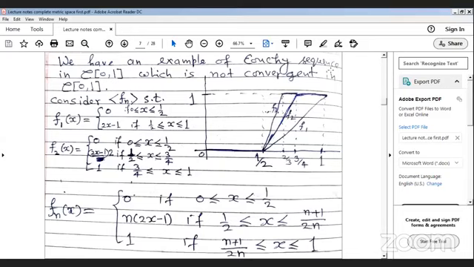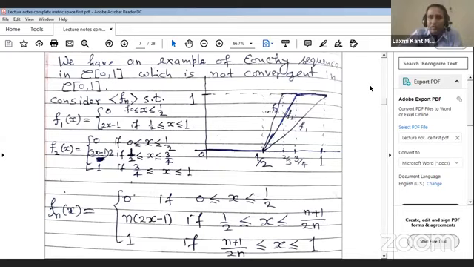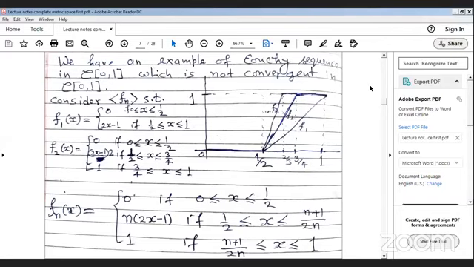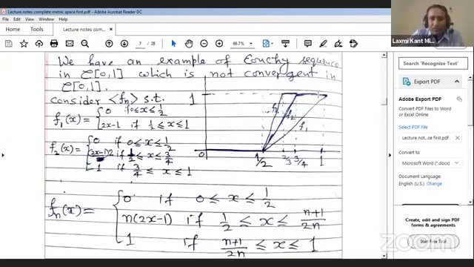Yes sir, but the doubt is that you have chosen this example to show this. How will you think that what I am choosing is a Cauchy sequence but not convergent? Yeah, of course, there is no such method.